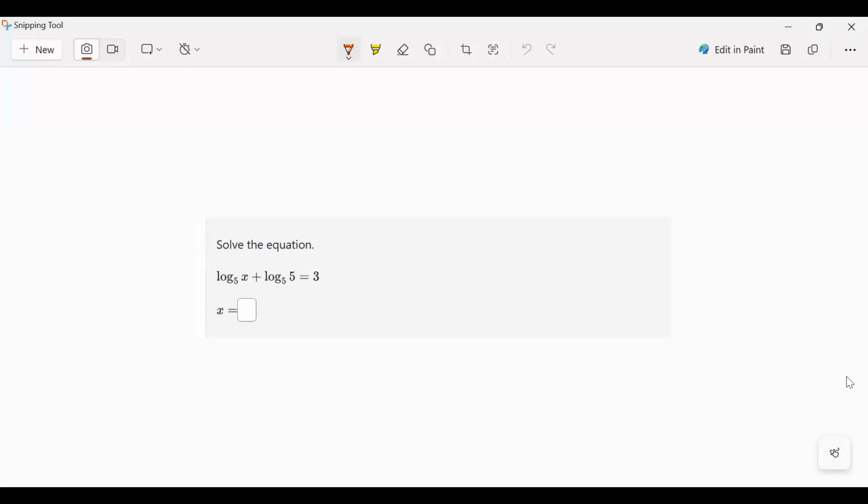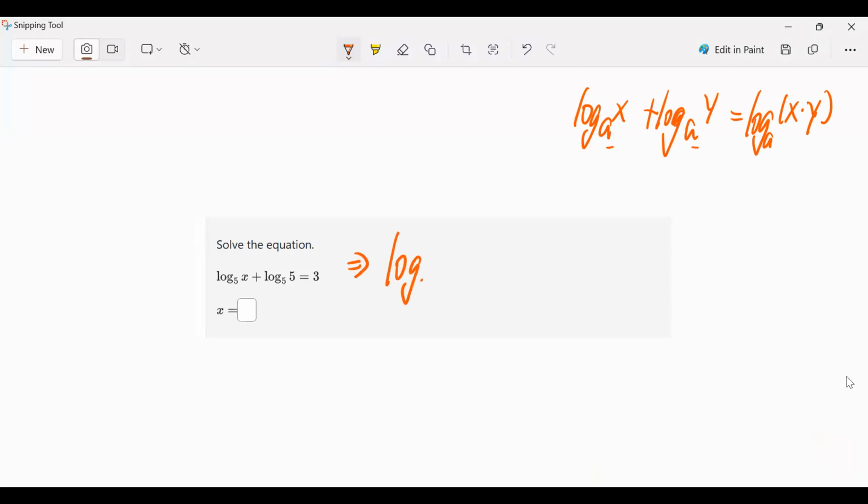All right, let's go over the solution here. Again, we're using this property, log_a x plus log_a y. Same base, then keep the same base and multiply both variables x and y. So same thing here, we get log, keep the same base, and then we do 5 times x, 5x.